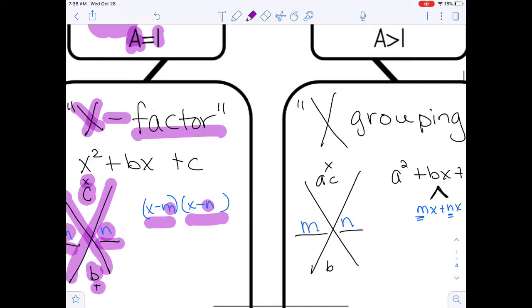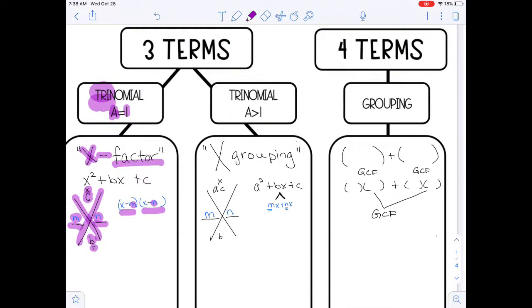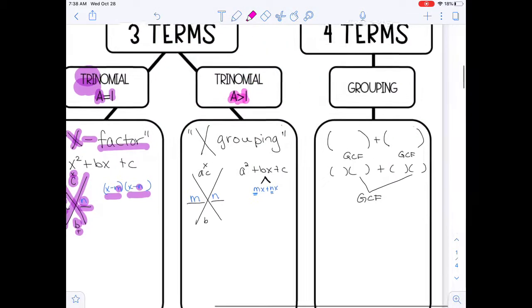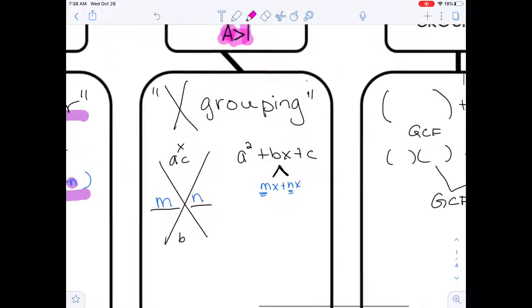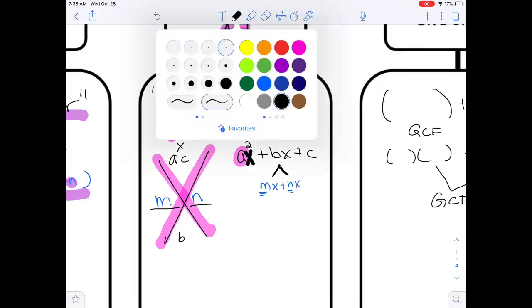We also talked about factoring a trinomial where the a wasn't 1, but it was bigger than 1. So if we knew that the a value was not 1, we did this x grouping method, where we would write our x, and at the top we'd put the value of whatever the a, and actually this should be ax squared, sorry, not a squared, but ax squared.